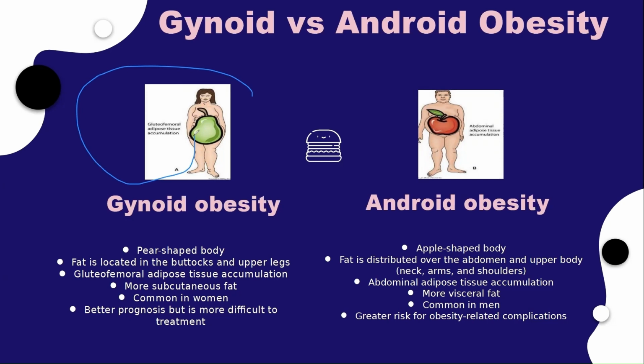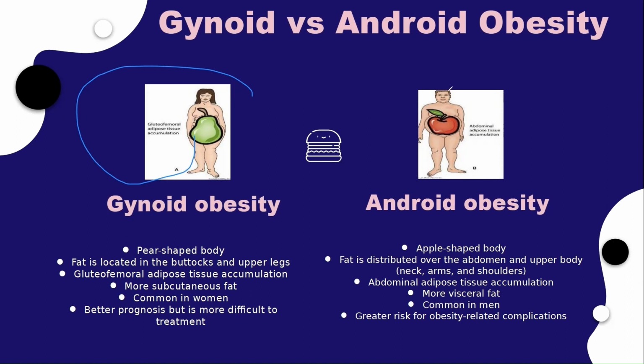This type of obesity is also known as gluteofemoral adipose tissue accumulation, and it's more common in women. Gynoid obesity typically involves more subcutaneous fat, which is located just beneath the skin. While individuals with gynoid obesity may have a better prognosis compared to those with android obesity, it can be more challenging to treat them due to the stubborn nature of subcutaneous fat that exists in these areas under the skin.